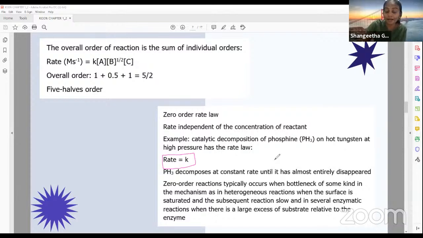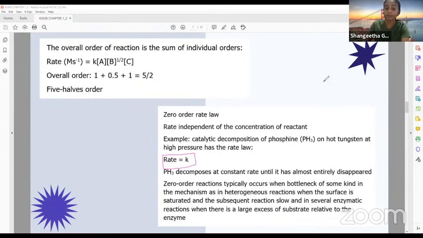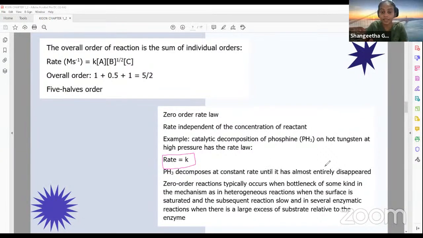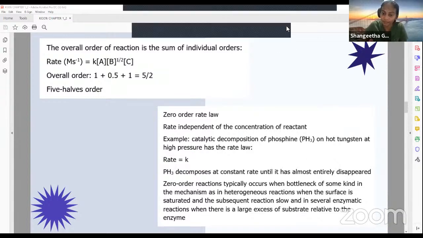In that instance, we can call that a bottleneck. When that happens, it also becomes zero order, because the reactant concentration will no longer be affecting the rate of the reaction. So those are just a few examples of when zero order can happen in your reaction.